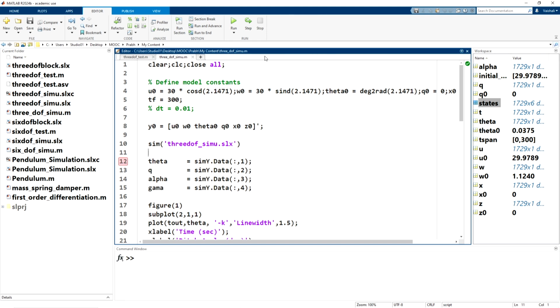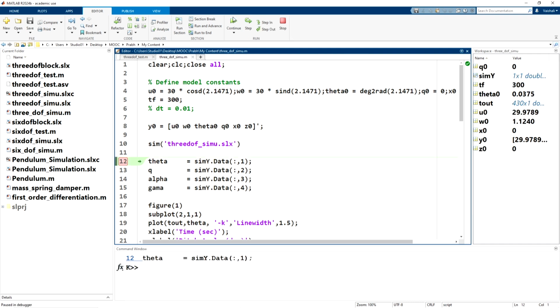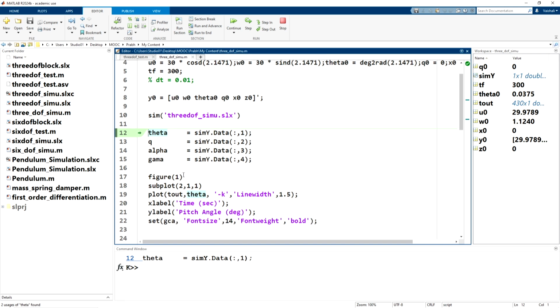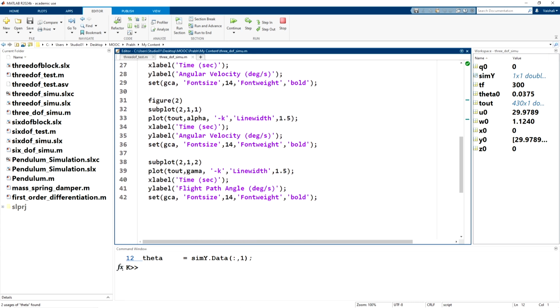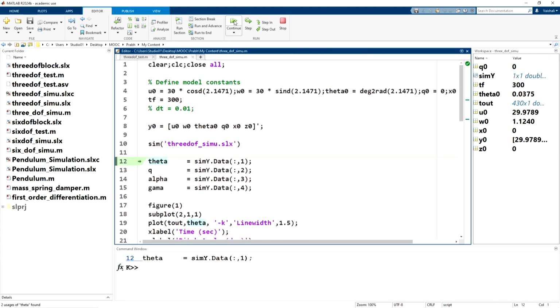I am putting a breakpoint over here and click on run. So it seems it is working fine. So let us continue plotting. I have extracted theta, q, alpha and gamma from that To Workspace model, and I am plotting it here. The format remains the same. I am clicking on continue.